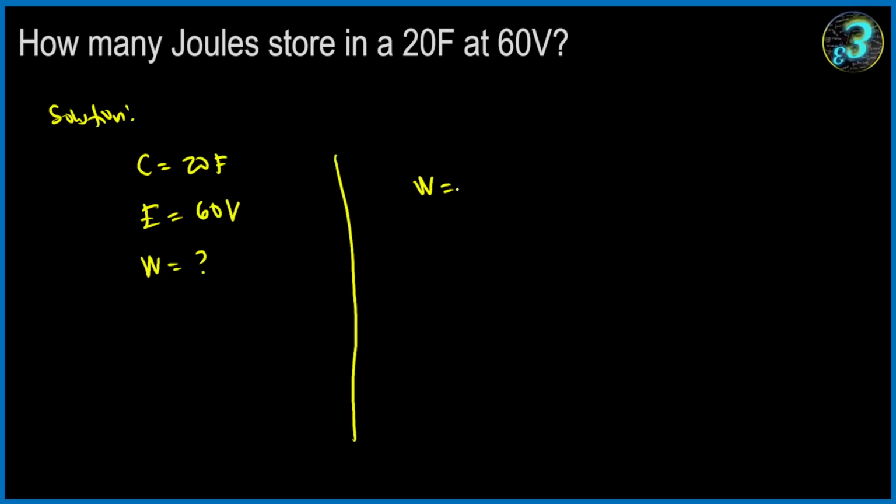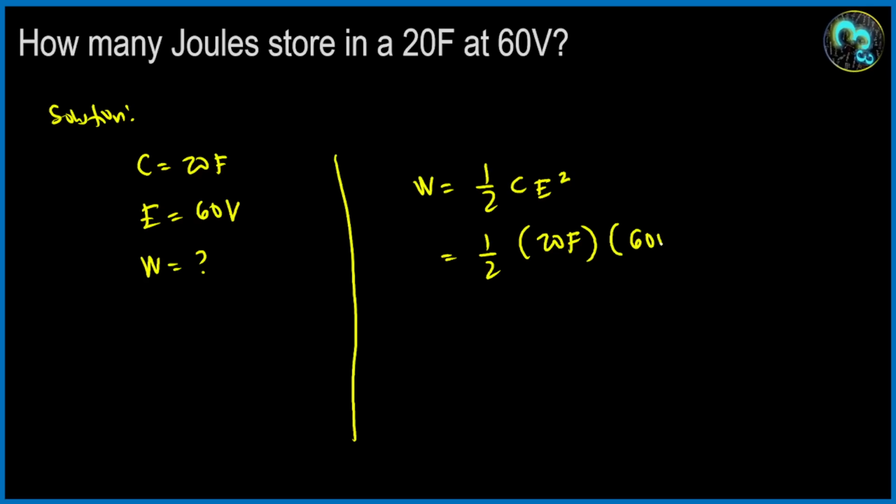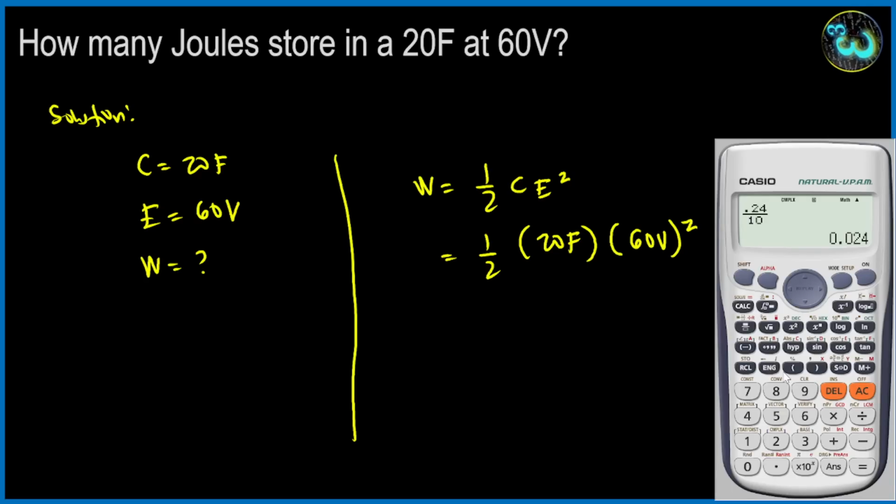Energy is equal to 1/2 C E squared, so 1/2 times the capacitance, which is 20 farad, times the voltage, which is 60 volts, squared. Using our calculator, 0.5 times 20 times 60 squared. The correct answer is 36,000 joules.